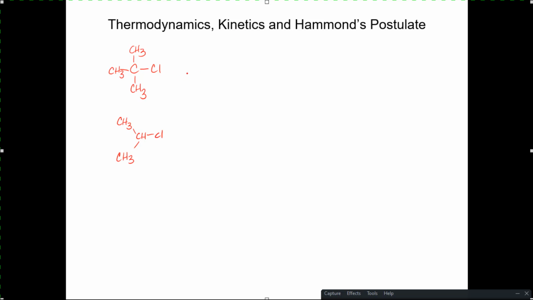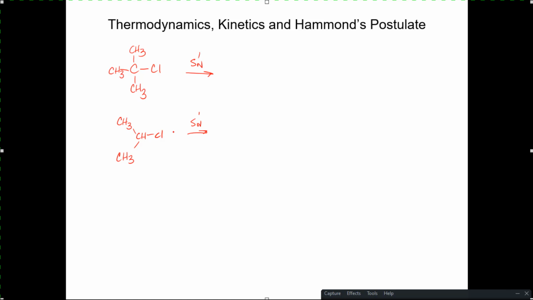Which one is going to react faster in an SN1 reaction? And I'm going to leave the nucleophile out of this because the nucleophile, as we just saw, doesn't have an effect on the overall rate of the reaction.